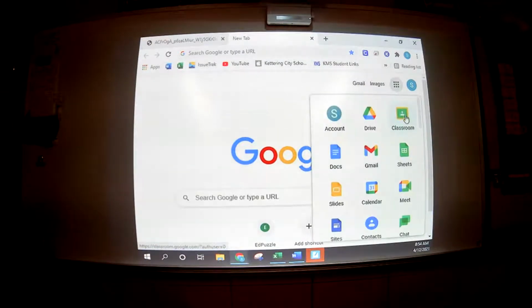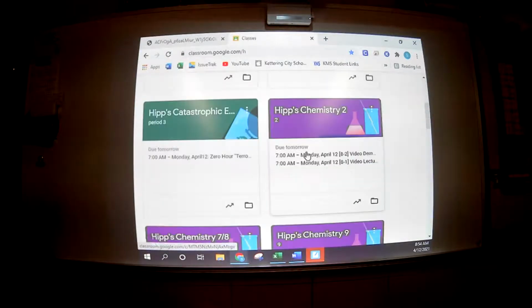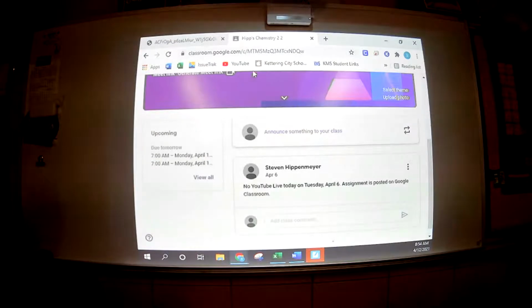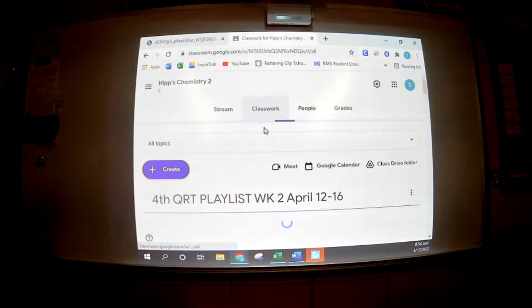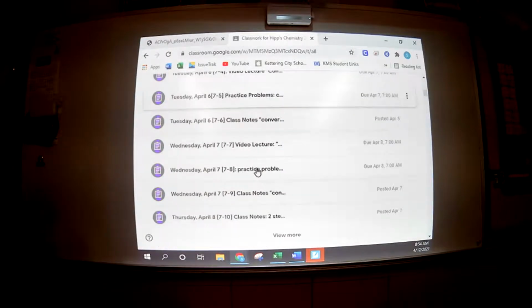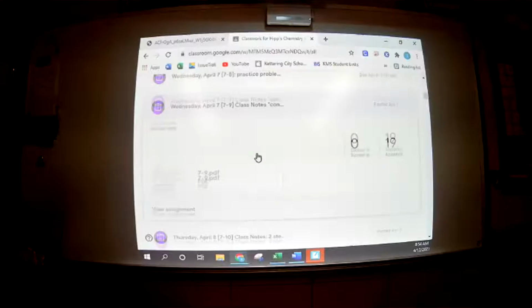So if you're wondering where that information is, these were the gas laws that we discussed. I think it's in the molar volume one, class note 7-9. Right here.